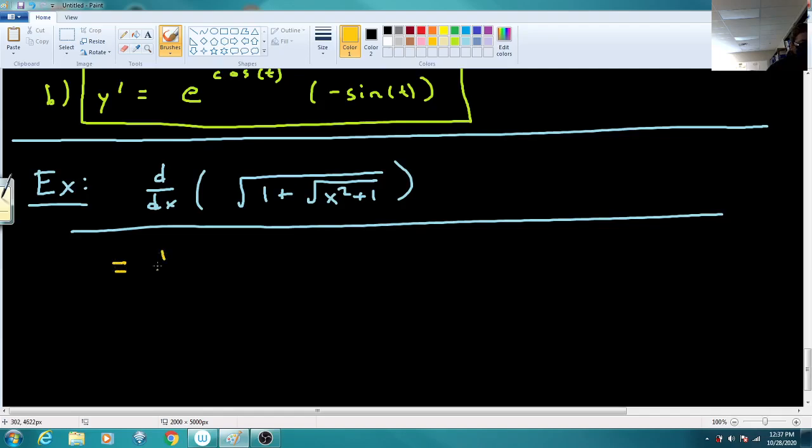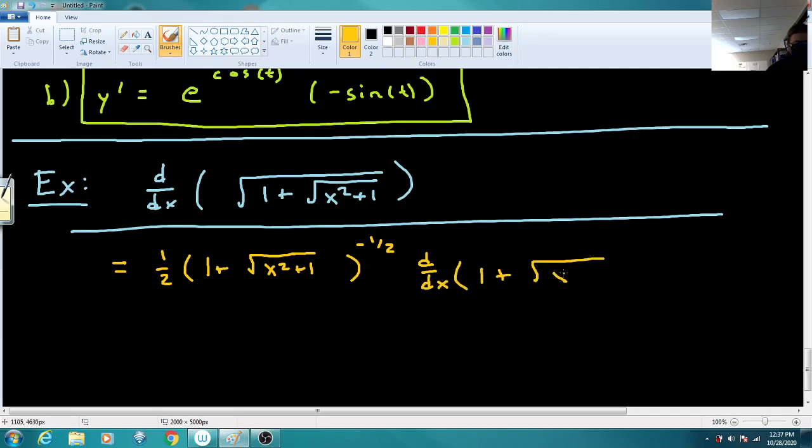So when we do that, we'll get 1/2 times the outer square root derivative. So 1/2 comes down times the inner stuff left alone. So the inner stuff of the outer square root is this stuff right here. So that stuff's going to be inside the square root function left alone. And then we need to multiply it by the inner derivative, which is the derivative of this inside stuff.